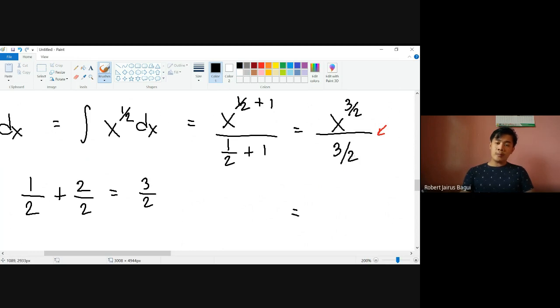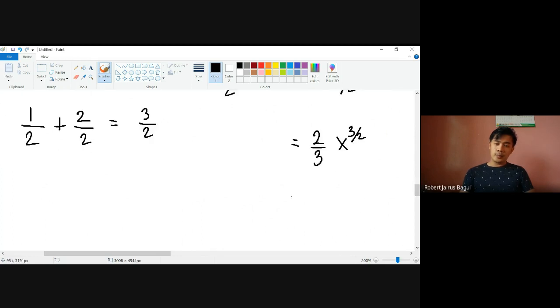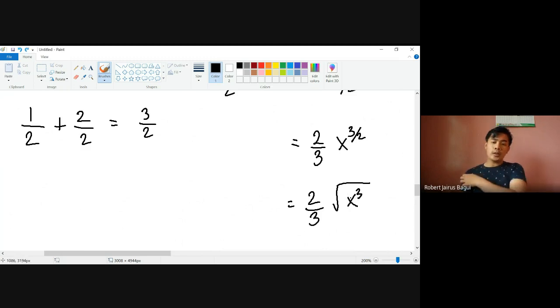Kung hindi lang basta iangat, itatabi lang natin yung 3 halves. So babaliktarin niyo siya, gagawin niyong reciprocal, or 2/3 x raised to 3 halves. Or pwedeng isa pang form niya ay 2/3 x raised to 3, then square root. So yung 2, no need to write it, pero understood na siya.